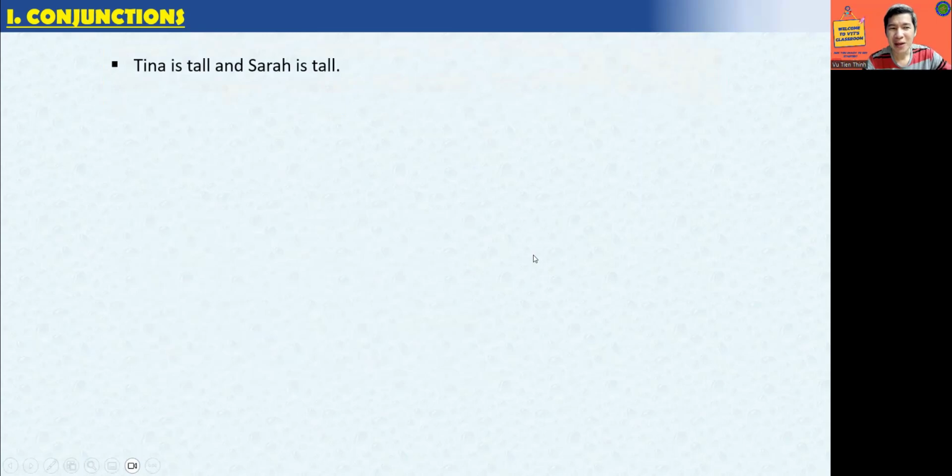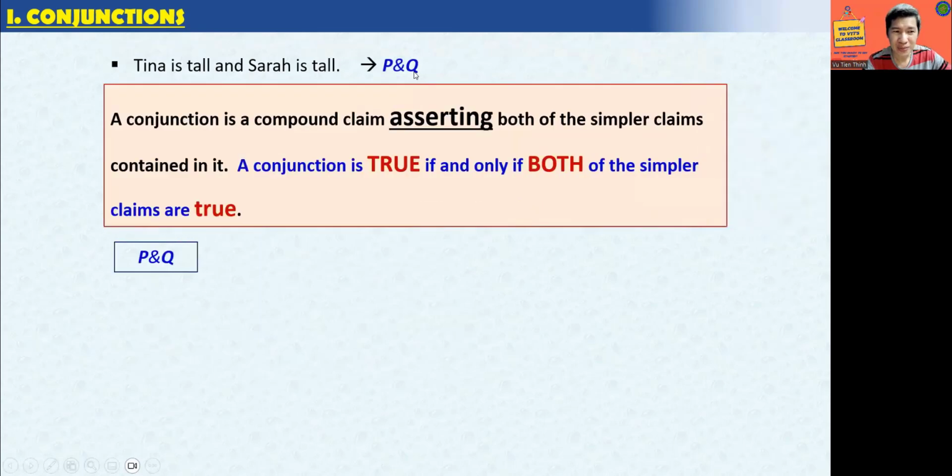Okay, now Tina is tall and Sarah is tall. We are going to symbolize as P and Q. Remember this symbol? Now a conjunction. Let's talk about the value of the conjunction. A conjunction is a compound claim asserting both of the simple claims.